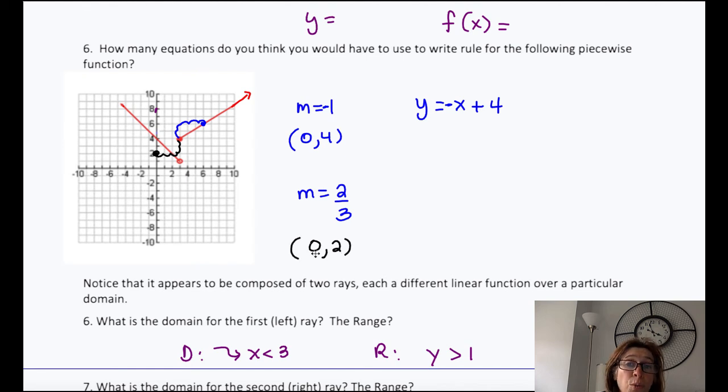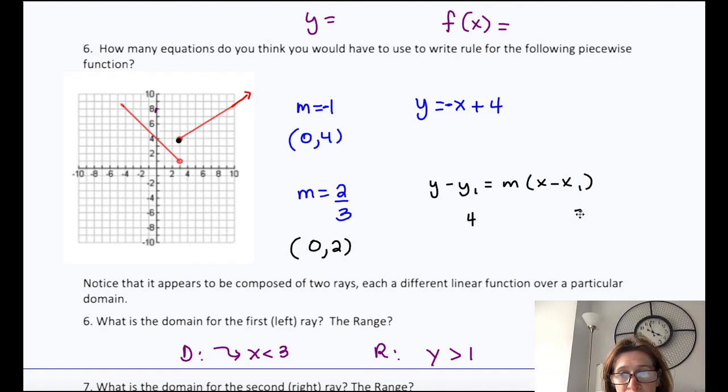Or I could use point slope and then put it into y equals mx plus b. So if I did that, because I love point slope, y minus y1 equals m times x minus x1. If it was a tougher equation, let's see, I've got the point on here. What is that? (3, 4). So this is 4, this is 3.